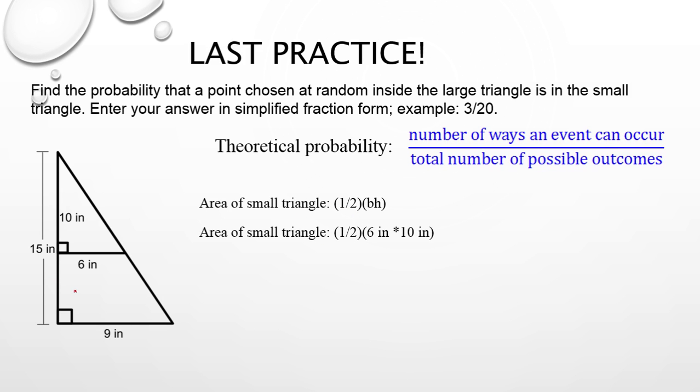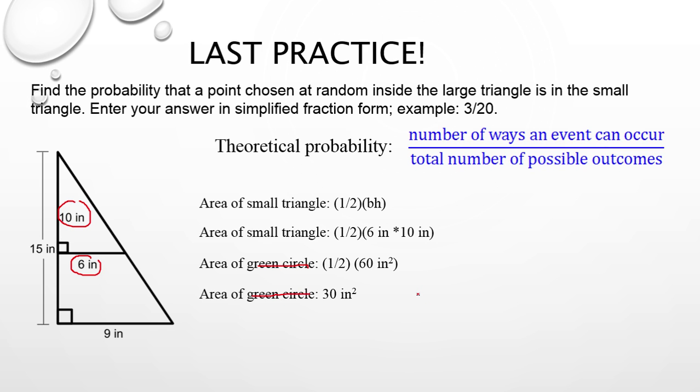So we plug in everything we know. The small triangle has the base of 6 right here and the height of 10. So using order of operation, we get 30 inches squared for the area of the small triangle. I apologize. That should say small triangle.